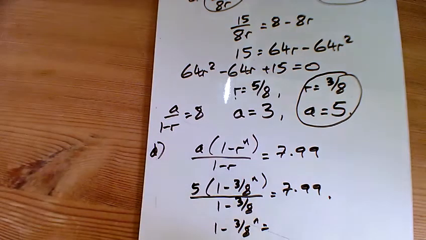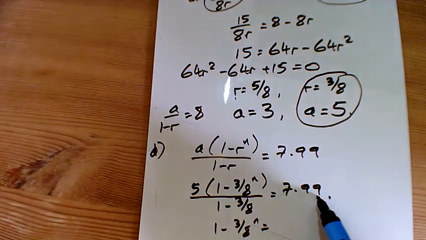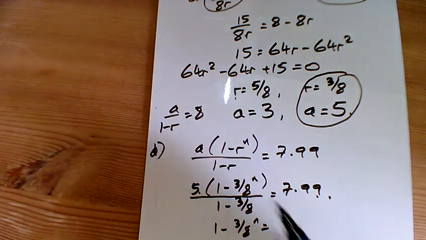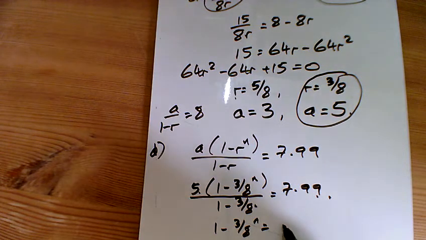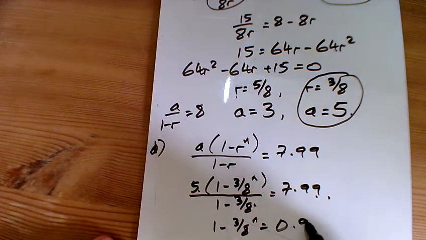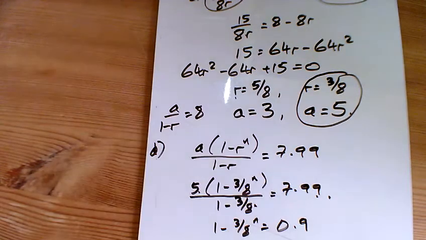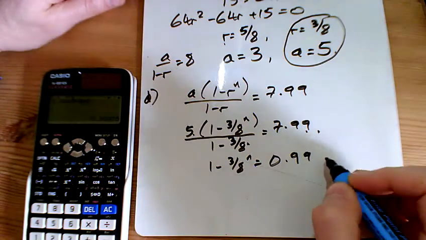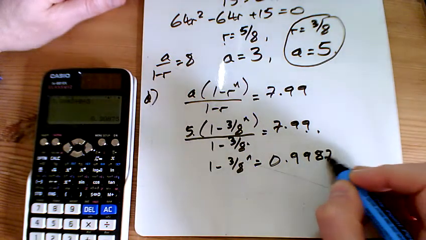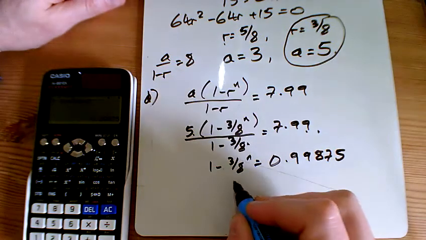Right, that's rearranging. 7.99 divided by the 5 and times by the 5/8. The value there you get after all of that is 0.99, sorry, just two nines, 99875, just checking that on the calculator.